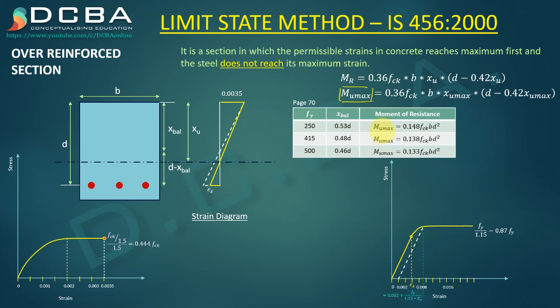So the MR balanced that we had found in the balanced section can also be called MU max, because it is the maximum moment of resistance that can occur. Listen to these words very carefully.